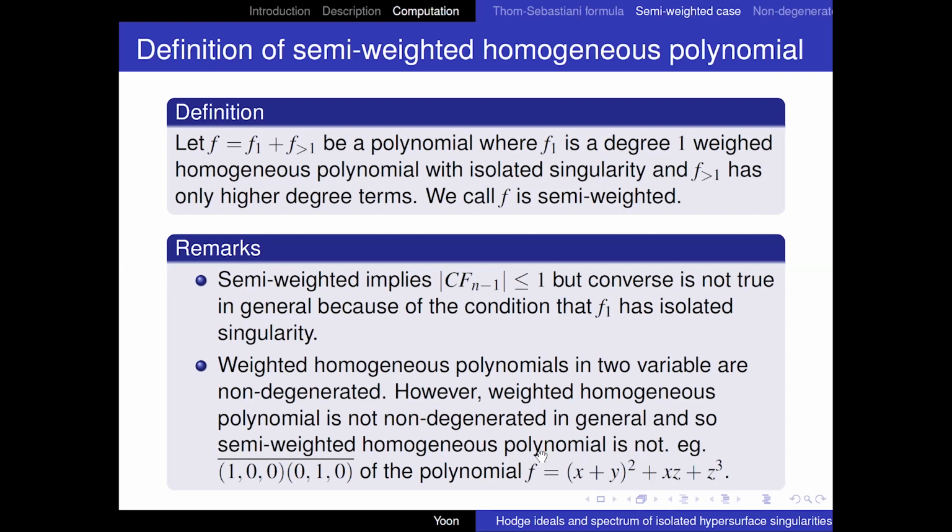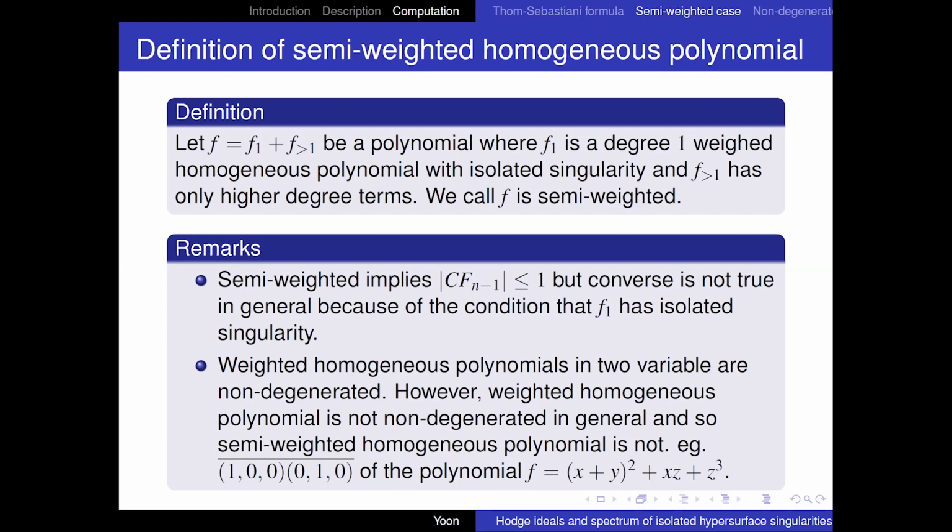From three variables, you could find this kind of example. Of course, since the n-1 dimensional compact face is 1 or none, it should have an isolated singularity, and you cannot make that non-degenerate.